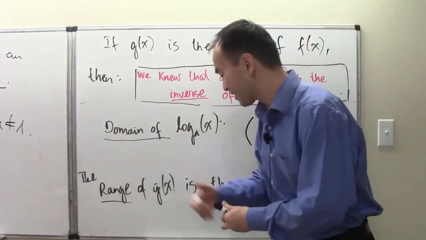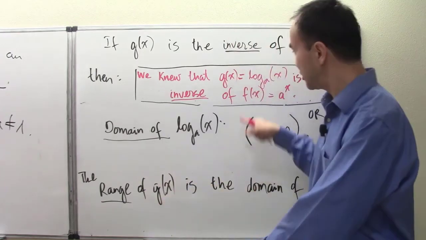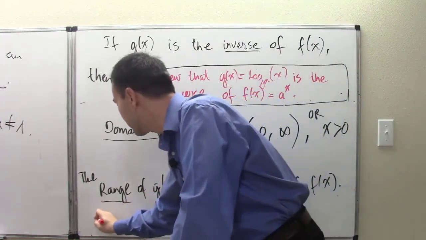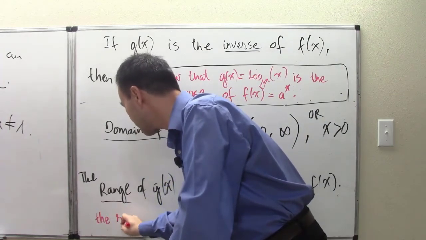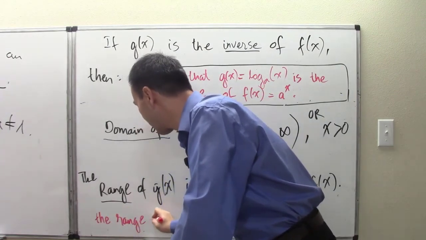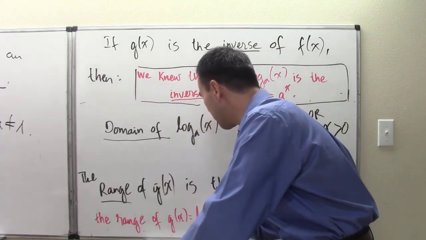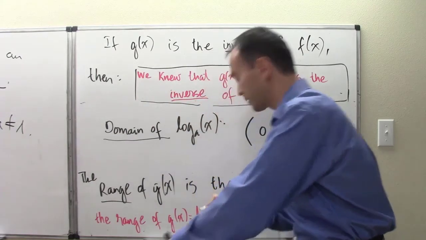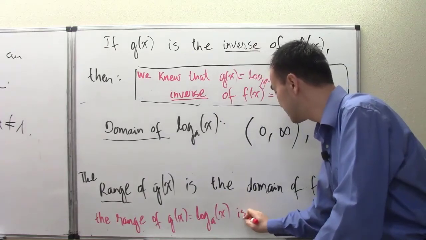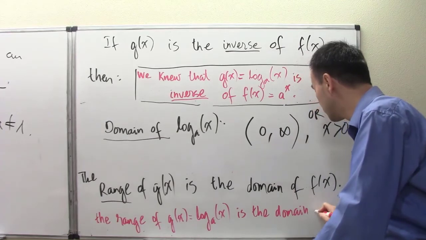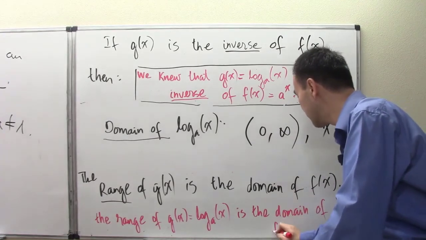Then applying this general understanding to our relationship between g and f right here, the range of our function g of x, that's defined as log base a of x, is the domain of f of x.